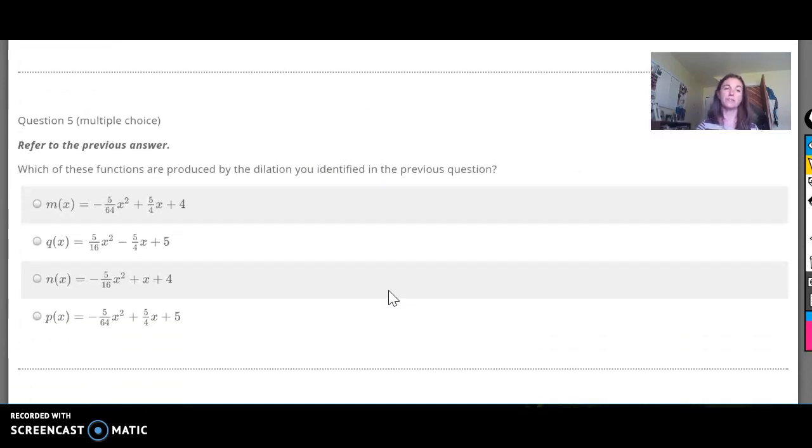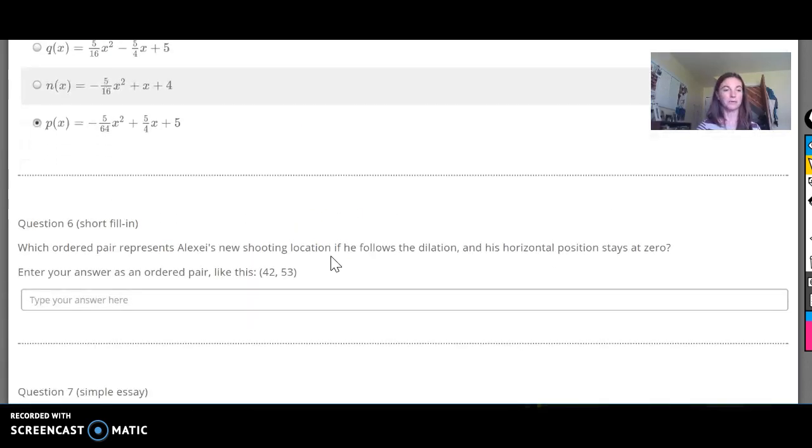And then if you simply were to multiply 5/4 through that entire original function, this is what you would end up with. 5/4 times 1 and negative 1/16 gives me a negative 5/64, plus 5/4 x, and then 4 times 5/4 is simply 5. So that's why that one works.